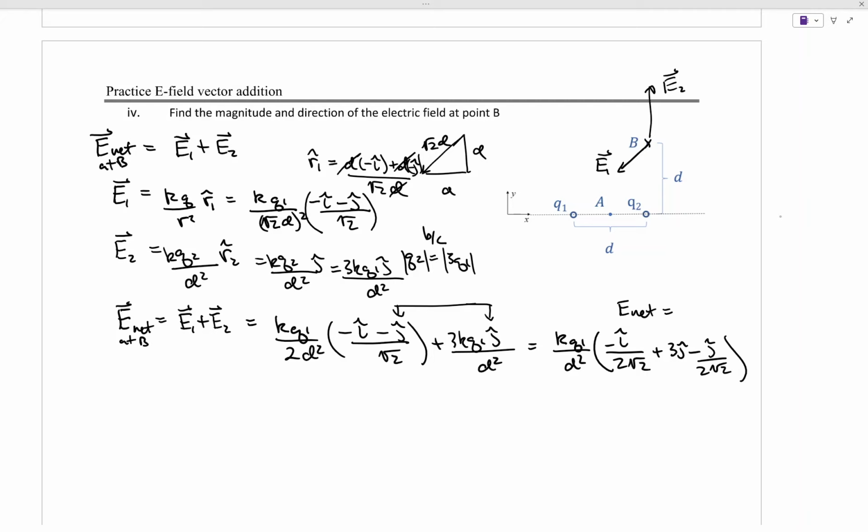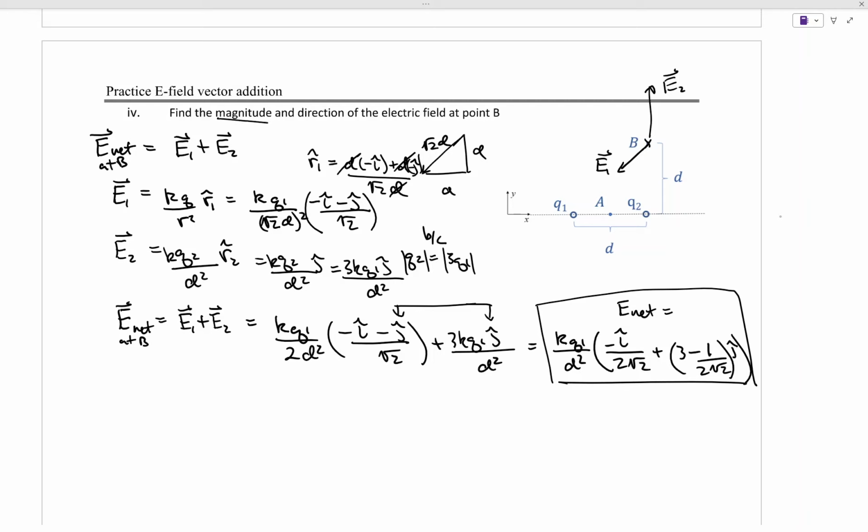Notice though, it asks us for both the magnitude and the direction. So if I was asking you just for an expression for the electric field, this would be sufficient. I guess we could factor out this J hat. We could clean this up ever so slightly to make it a little bit more compact, but you get the idea.